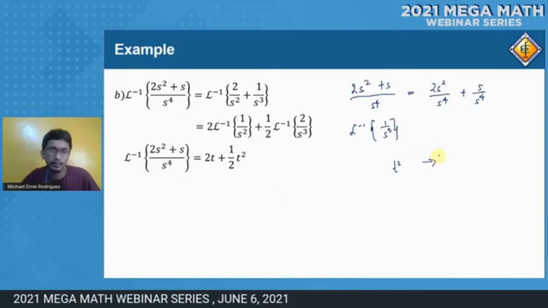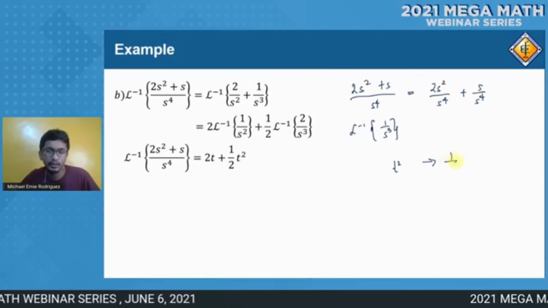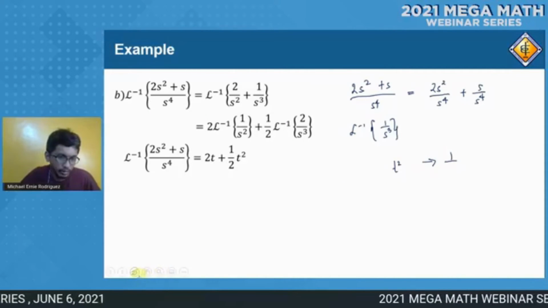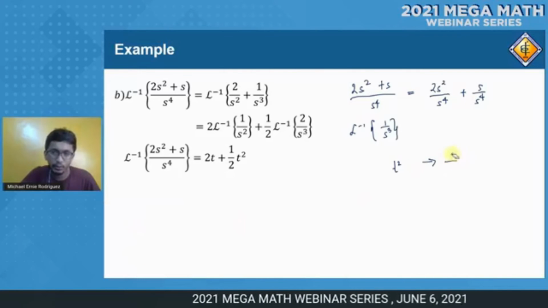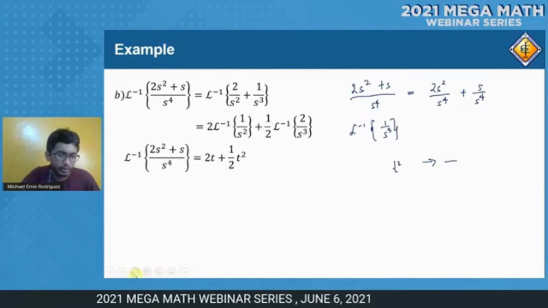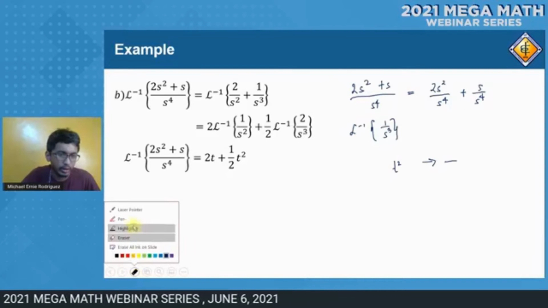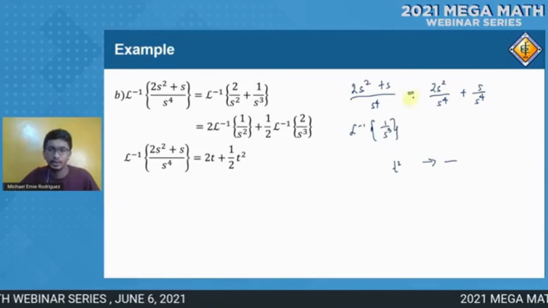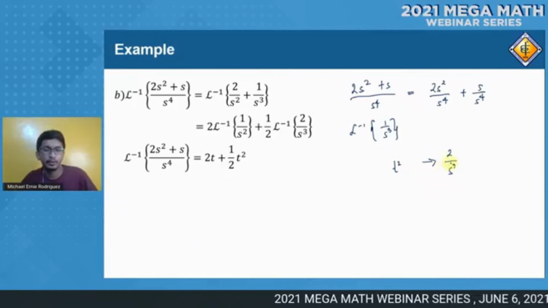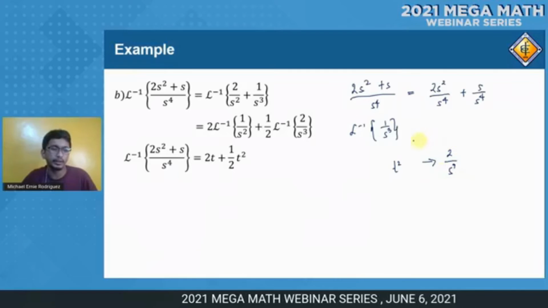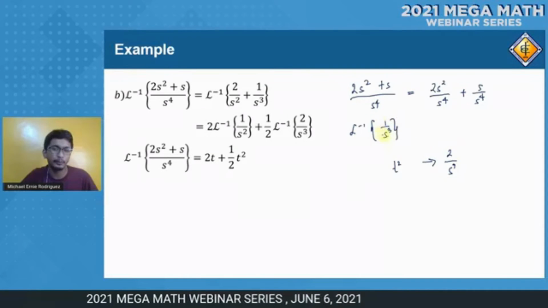So, ang Laplace transform yan is 2. Okay? So, this is 2 over s cubed. Okay? 2 over s cubed. Pero yung form na nandito is 1 over s cubed.